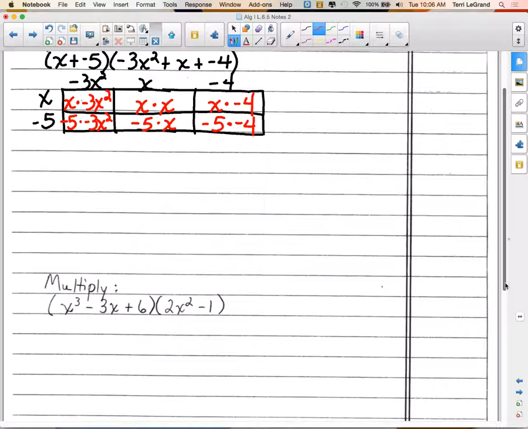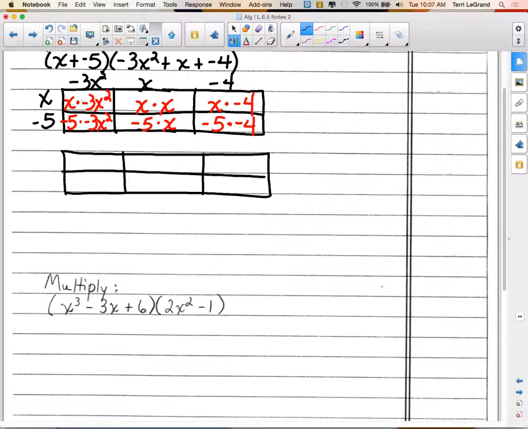Do you agree with all my multiplications? Let's draw this rectangle again, and we'll call this our product rectangle. You don't need the things across the top anymore. So we're going to actually do the multiplying now and see what we get.